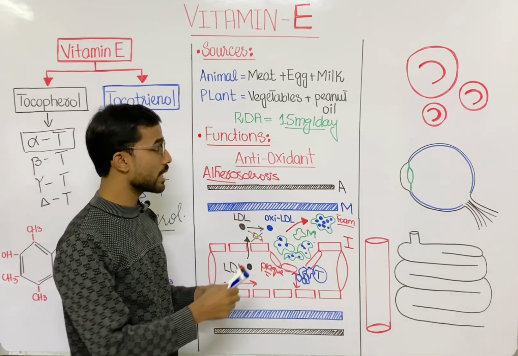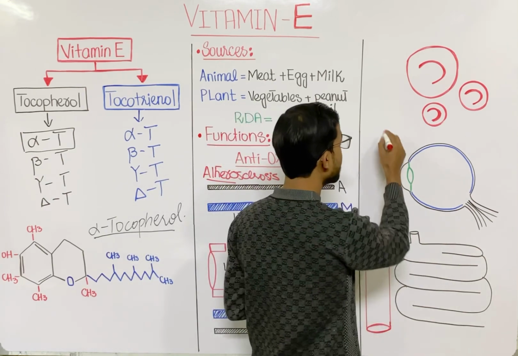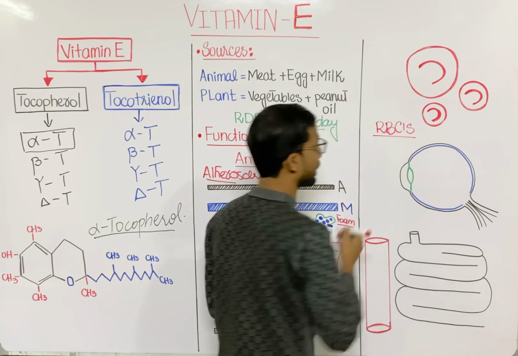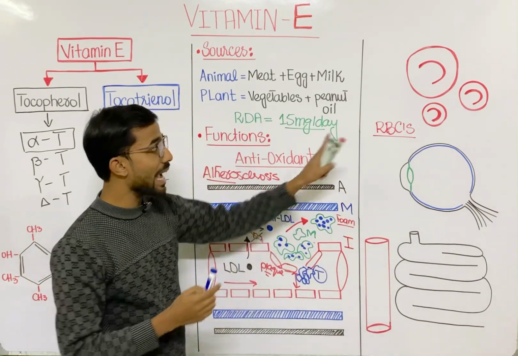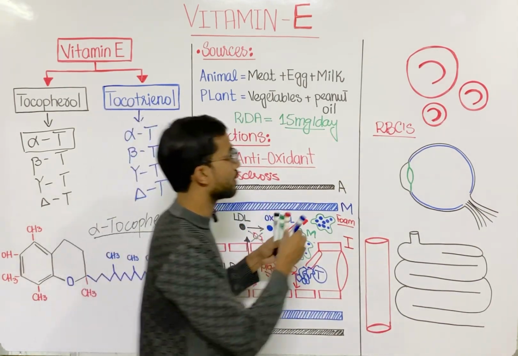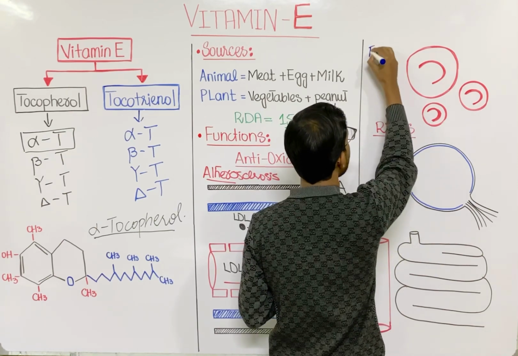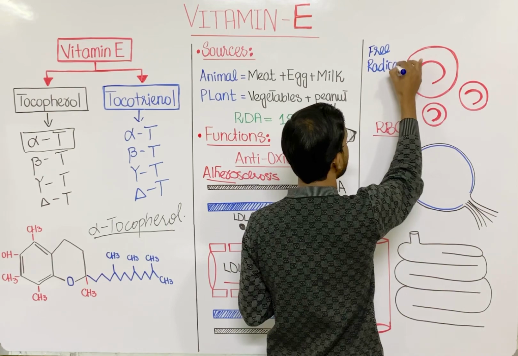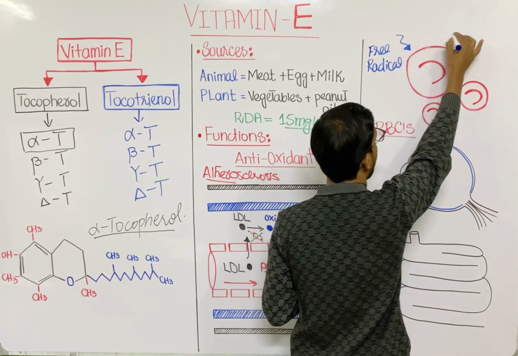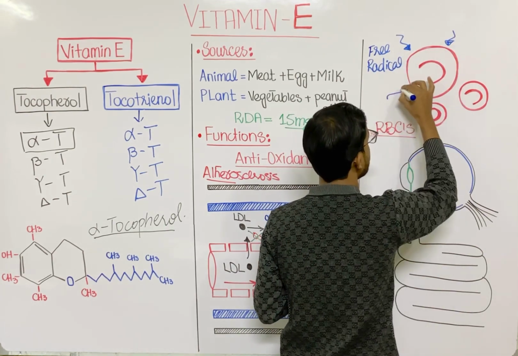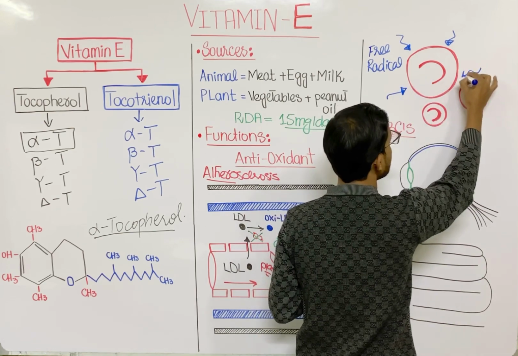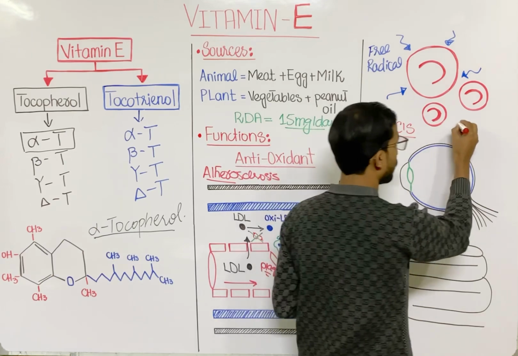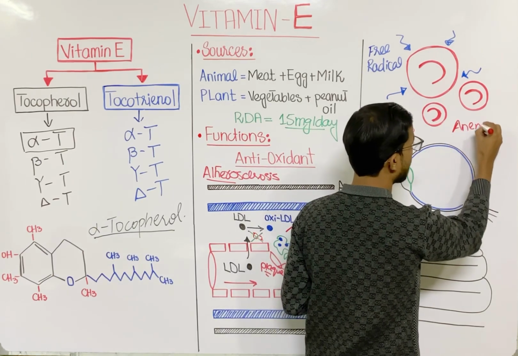And next, if we discuss the RBCs. So actually RBCs are susceptible to free radicals. Free radicals attack the RBC's membrane. Okay, so different free radicals, oxygen derived free radicals, attack the RBCs and destroy the RBCs. And when you see the destruction of the RBCs, you will see anemia in that case.